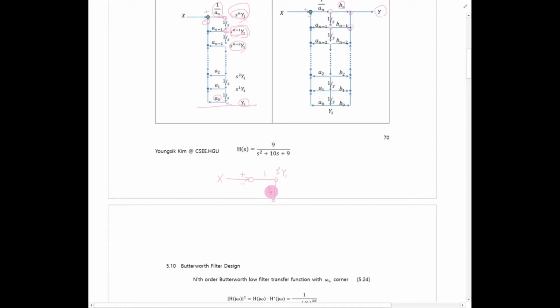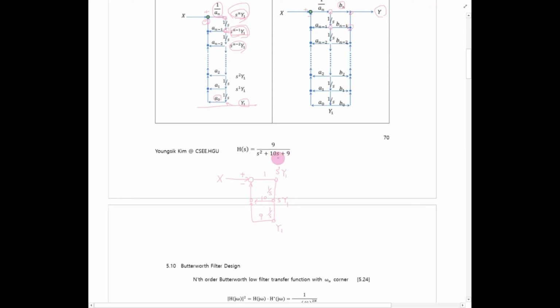So this one is the integration operator, and this one will be s y1, and this should be multiplied by 10 and added, and we have another integrator, and this becomes the y1. y1 is multiplied by 9 and subtracted like that.